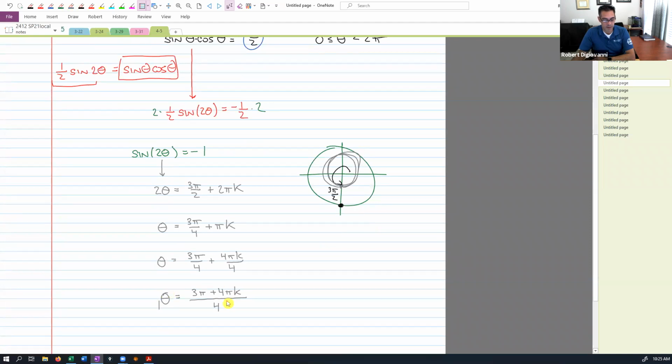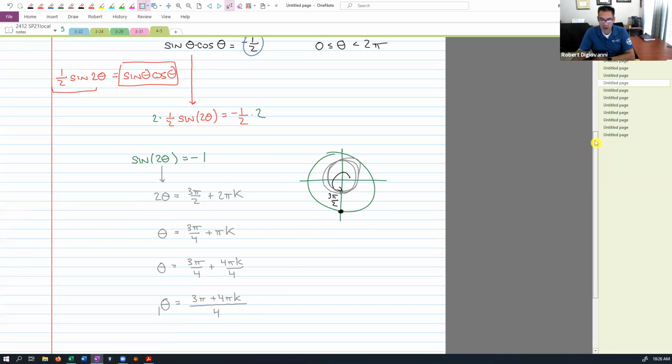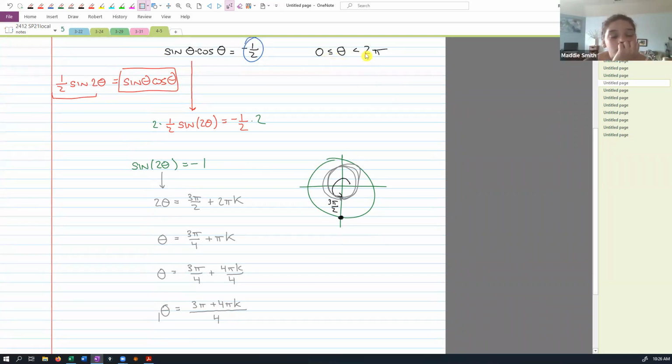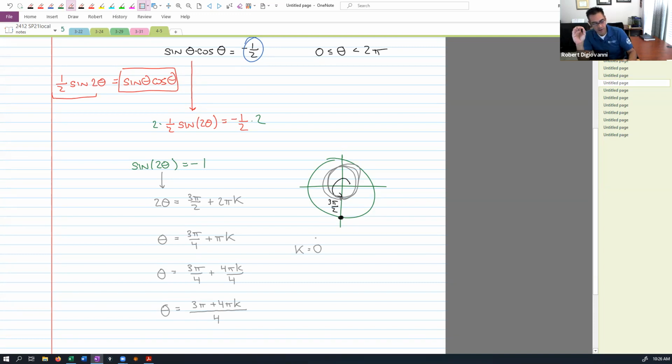You're going to start finding k's within the parameters. We're going to start plugging in values of k and make sure that our answers are between 0 and 2 pi. So let's start with k being 0. If k is 0, I get theta equals 3 pi over 4, and that is within 0 and 2 pi.